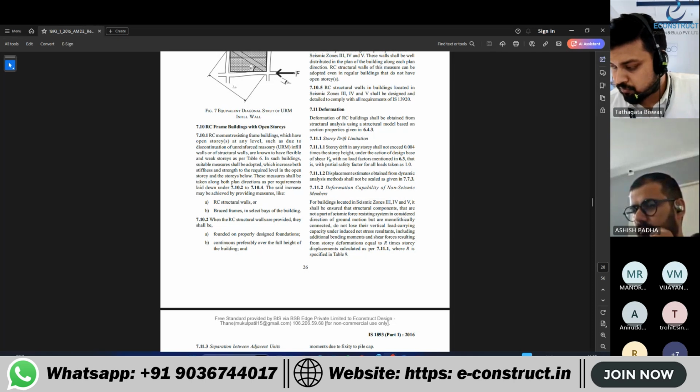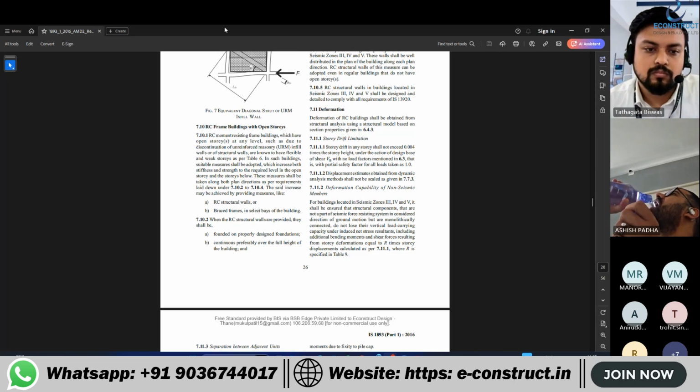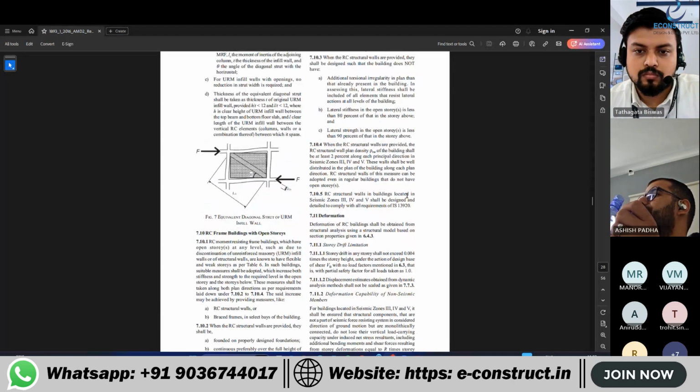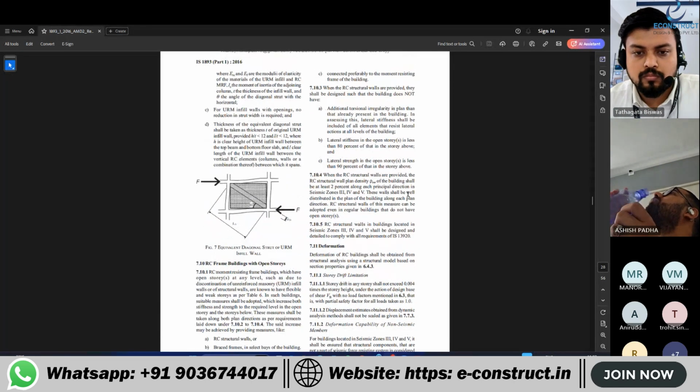B. Lateral stiffness in the open story is less than 80% of the story above. And C. Lateral strength of the open story is less than 90% of that in the story above. That means the stiffness irregularity, right, soft story.